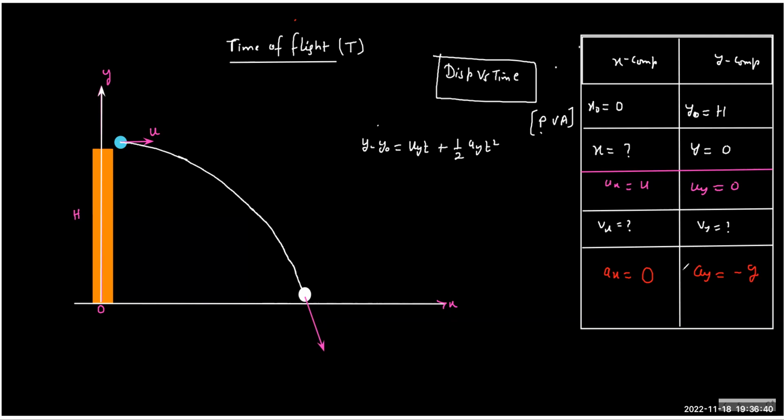So all are clear with minus g? Anyone having doubt why I write minus g?